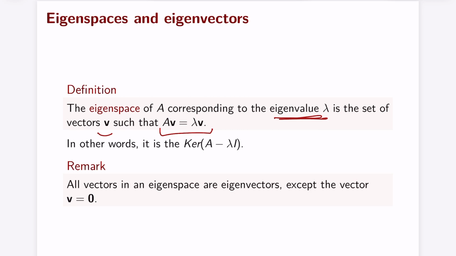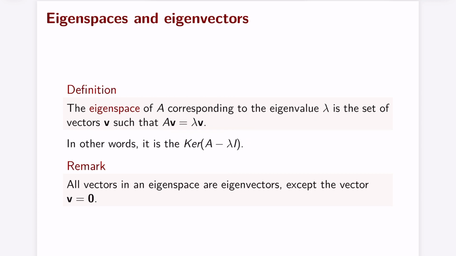In other words, putting everything on one side, it is the kernel of this transformation, something that you already know how to calculate. All the vectors in this space are not eigenvectors because it also contains the zero, but most of them are. So we are going to say that this space is the space of all the eigenvectors plus the zero.